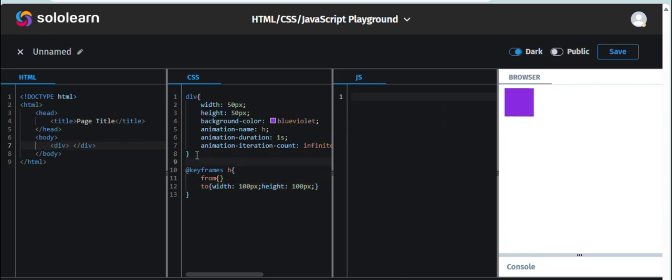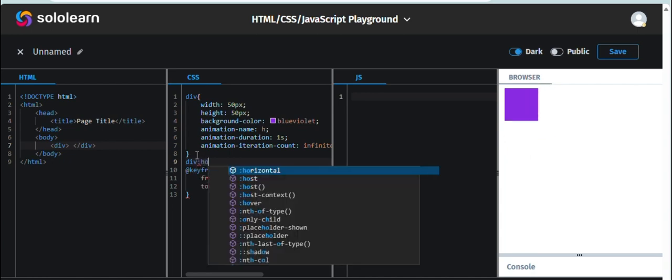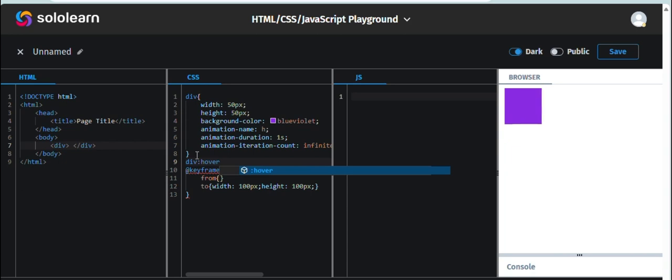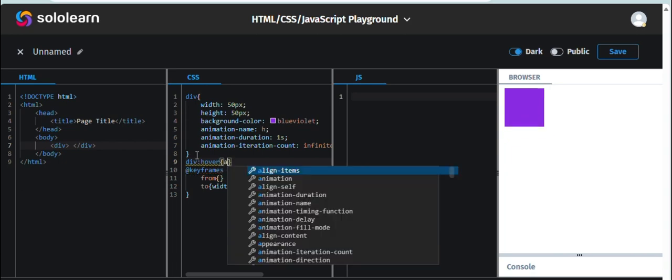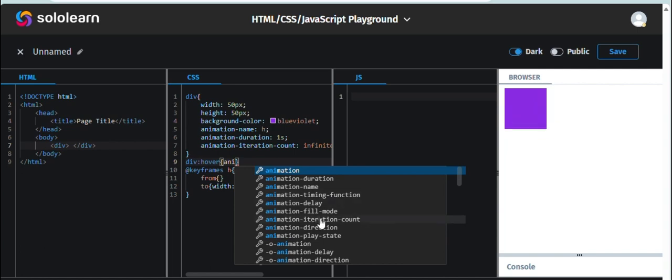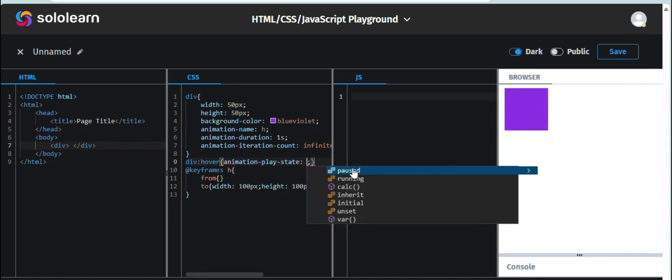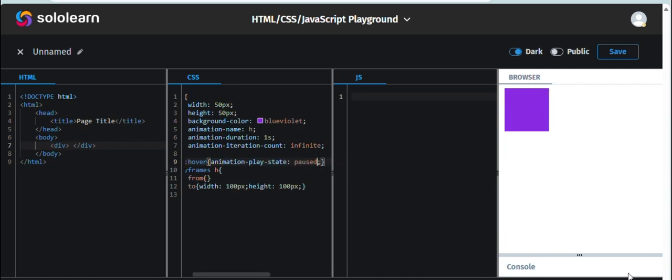So, one good thing is div:hover, and then we can write animation-play-state: paused, which means that if you hover over it, it'll pause.